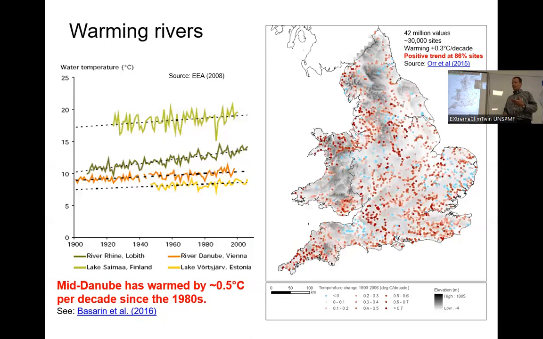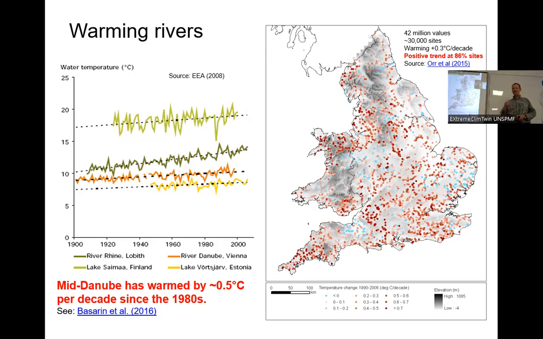Why do we care? Well, there's the ecological and the water quality dimension, but also to highlight the fact that rivers are warming all over the planet, including here in Serbia, where some researchers, named Mazarin, analysed the data and found that the Danube, for example, is warming by about 0.5 degree per decade.